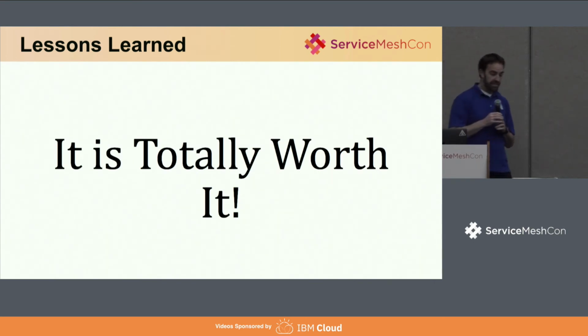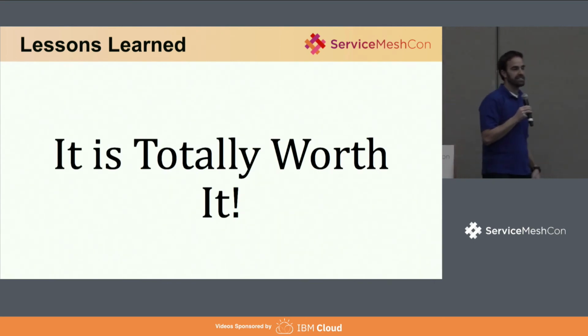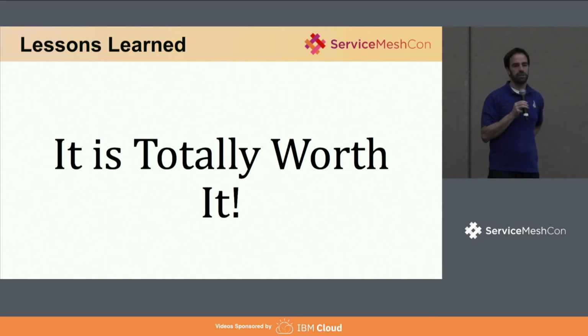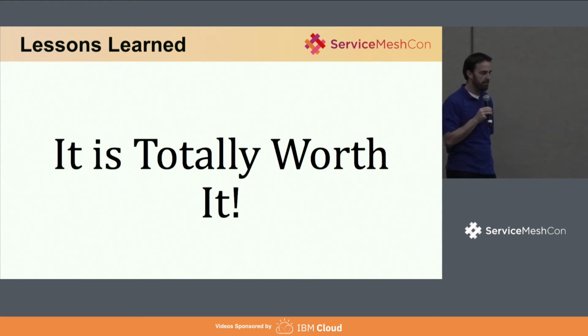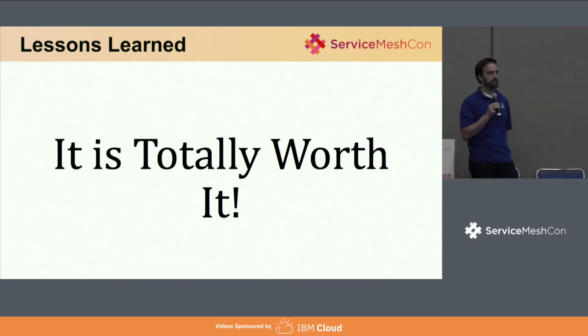Okay, so the last lesson, and the most important one, is that actually this is totally, totally worth it. I've worked at Google for a very long time, and I remember prior to us having this, a couple of different incidents where basically every engineer at Google had to take some change to production for some fix.